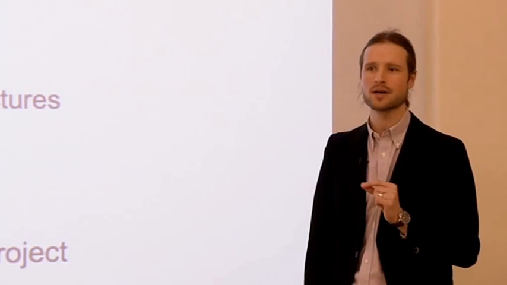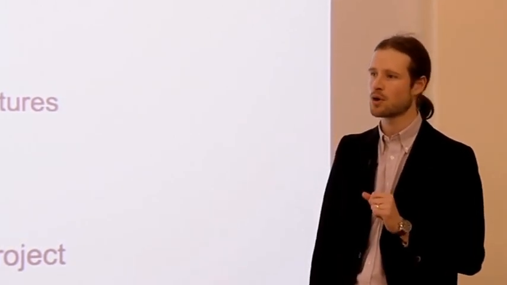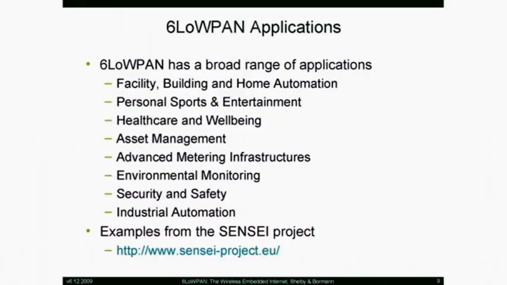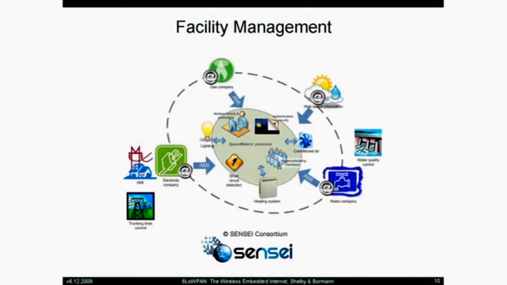Now I have a few examples, a few from the Sensei project. This is one big EU project where we're involved. And I used quite a few examples from Sensei in this book to try to illustrate where you can use 6LoWPAN. I also have a couple examples from the Oulu region that I'll explain too. So one very good one is facility management. Facility management is not just building automation.